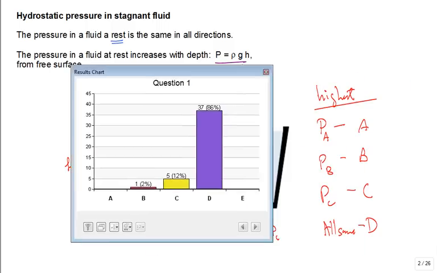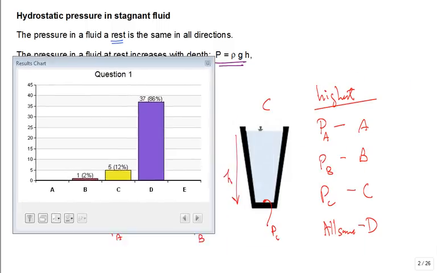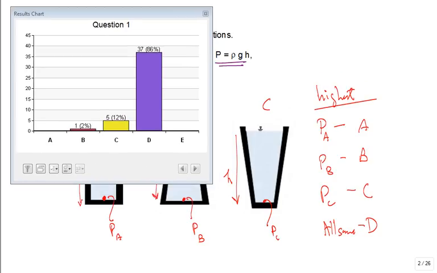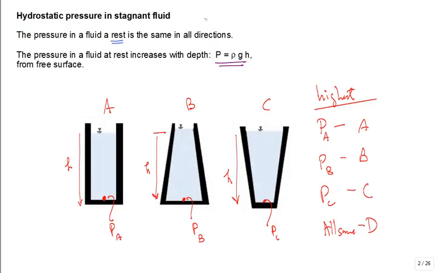The results are that people say they're all the same pressure. 86% correct. Some people maybe thought C was different because it looks like a greater funnel, holding up more. But you have to think about the force.